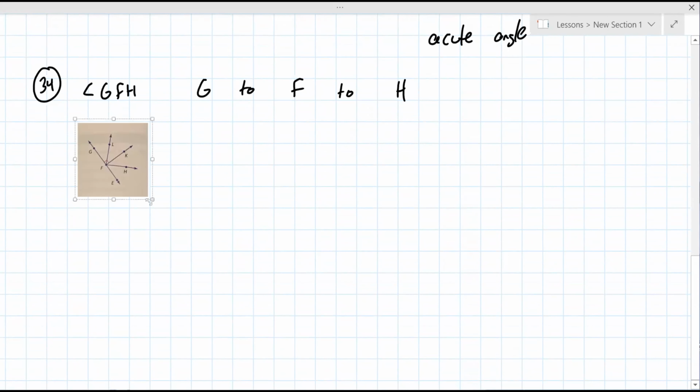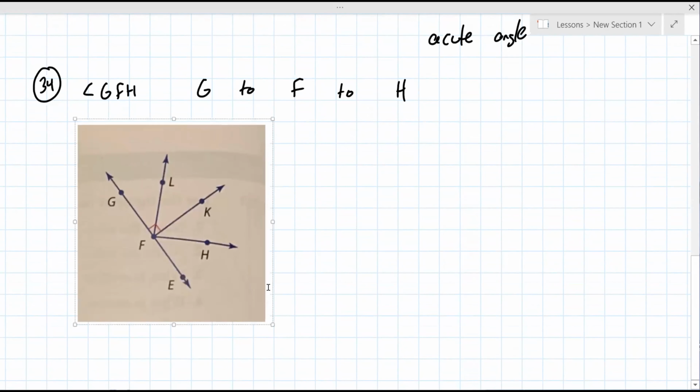So this G to F to H is this part. We got G here, F here, and H here.